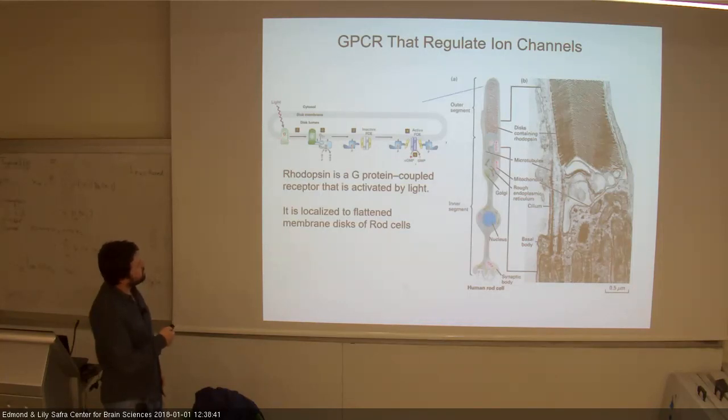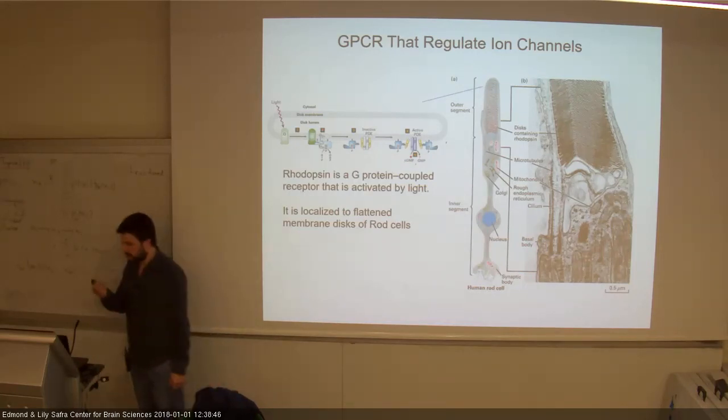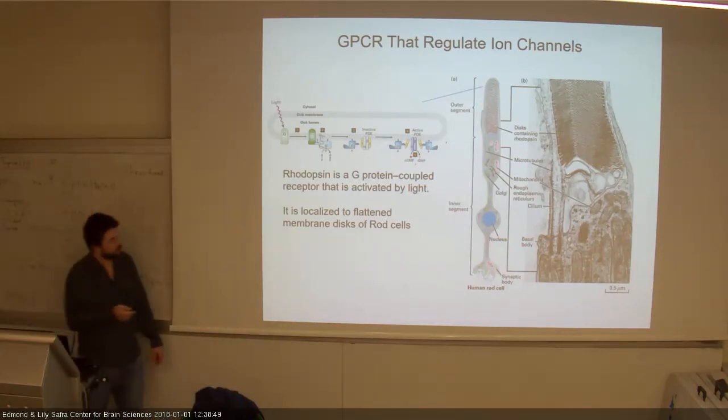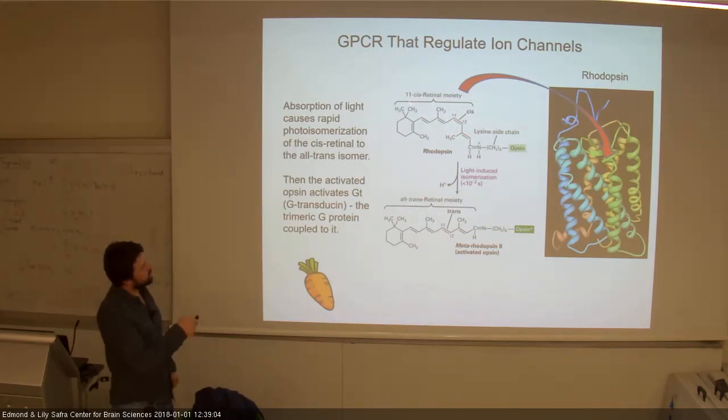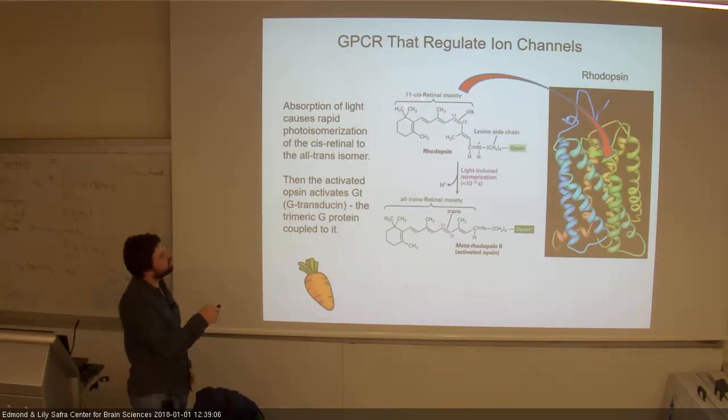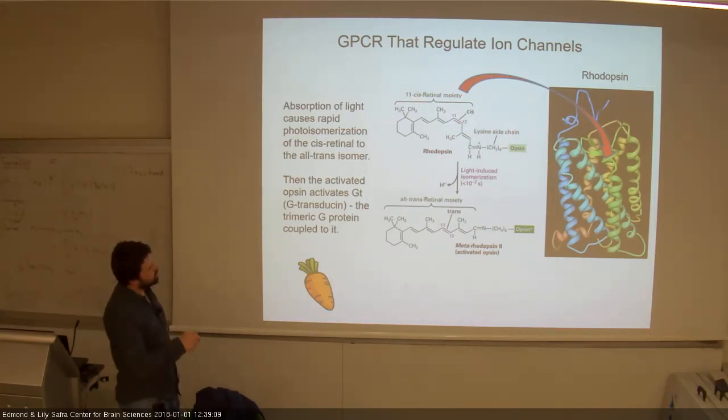And the thing that is interesting about this system is that before we talked about a physical molecule as a ligand, but in this case we can think about this G protein coupled receptor as if the ligand is already bound inside this receptor, and light changes the conformation of 11-cis-retinal, which is a derivative of vitamin A, from a cis conformation around the 11-12 carbons to a trans conformation.